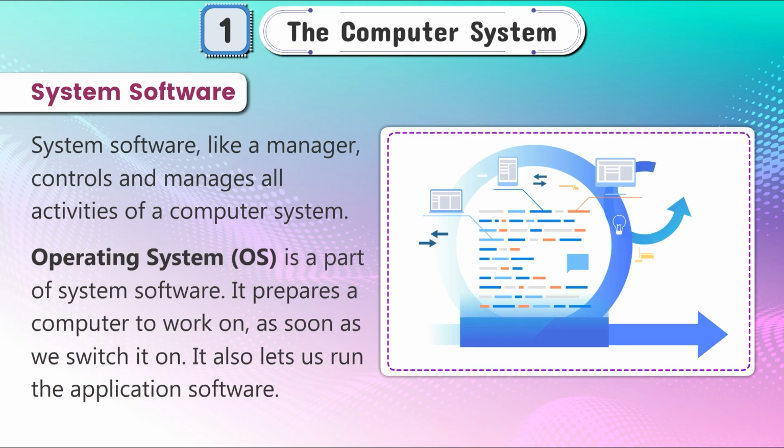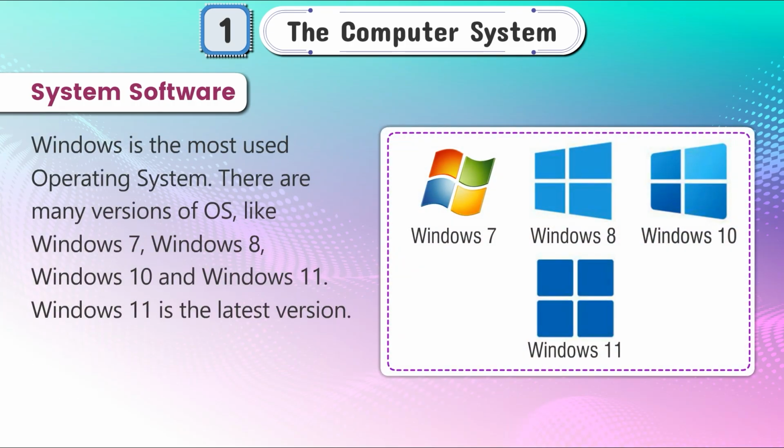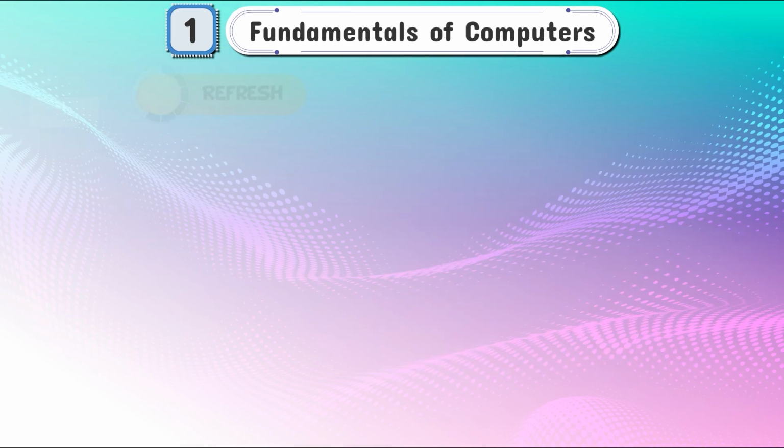Operating system, OS, is a part of system software. It prepares a computer to work as soon as we switch it on. It also lets us run the application software. Windows is the most used operating system. There are many versions of OS like Windows 7, Windows 8, Windows 10, and Windows 11. Windows 11 is the latest version.